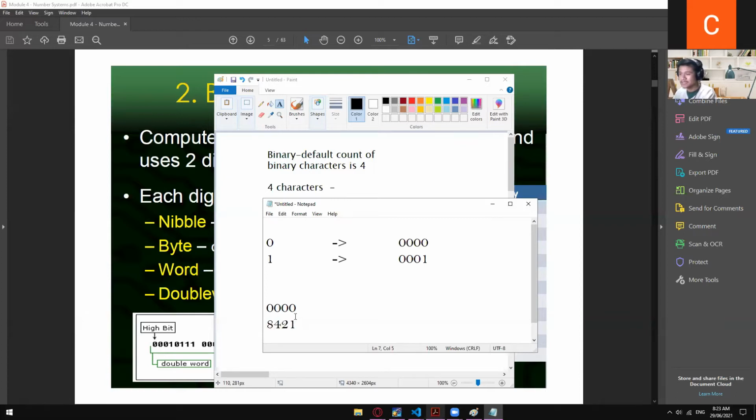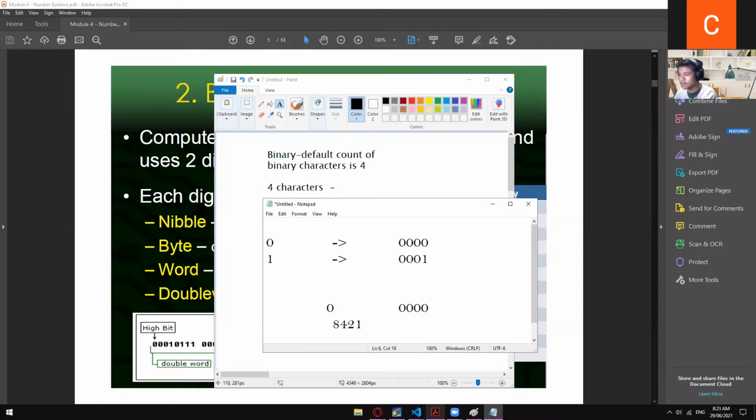Okay, so basically we have a pattern right here: starting from 1, just keep on doubling. The second one is 2, just multiply by 2, so 2 times 2 is 4, 2 times 4 is 8. And if you have more binary numbers right here, you can also do that.